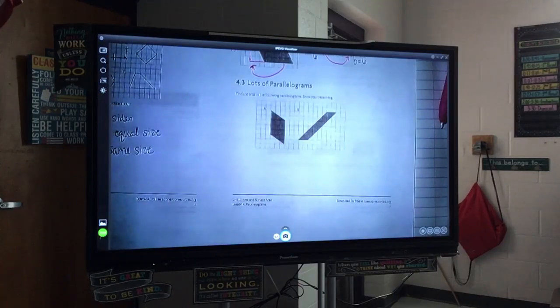If you do not remember the formula, you can always look back at our flip book. I see a couple people have done that, and that's fantastic.